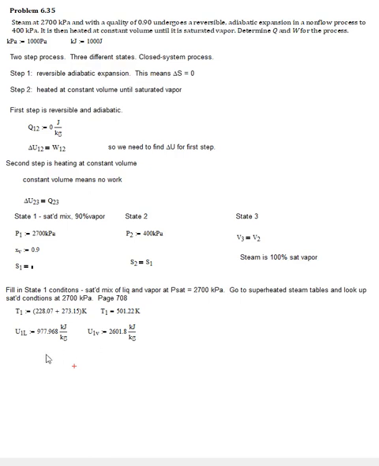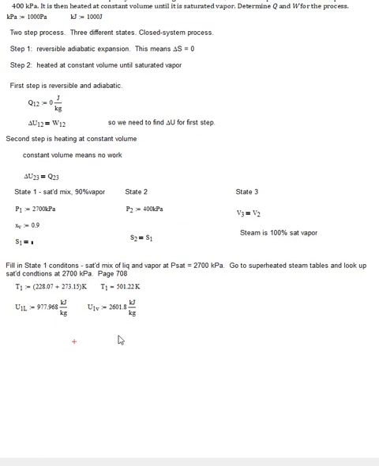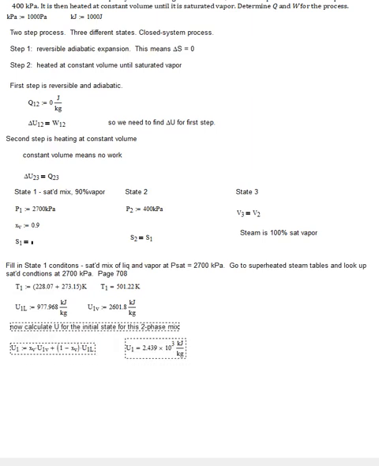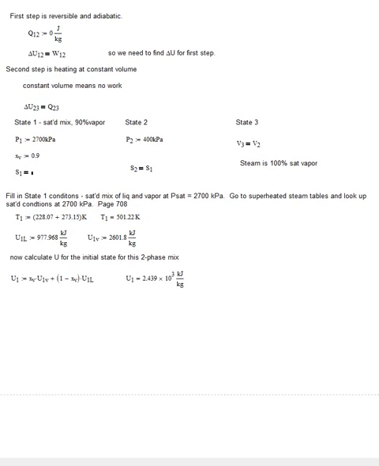All right. We just read off the internal energy for the saturated liquid, which is 977.968. Then we read off the internal energy for the vapor, so I've got U1L and U1V, which is 2601.8 kilojoules per kilogram. Since we have a mixture, we calculate the total internal energy at state 1 using our extensive property relation.